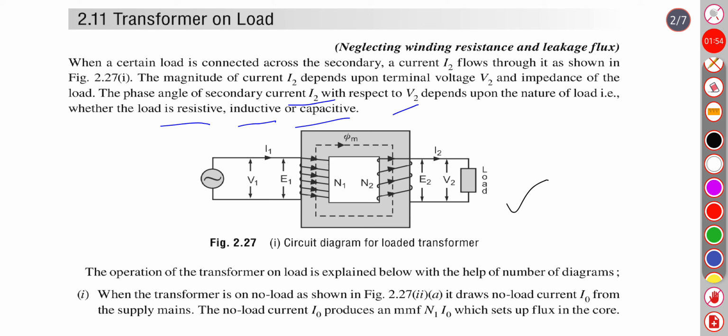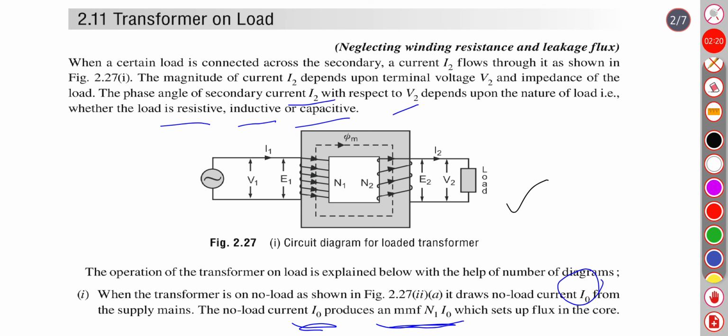When the transformer is on no load, as we have discussed, I0 is drawn from the main supply. The no load current I0 produces MMF N1 I0 which sets up a flux in the core.